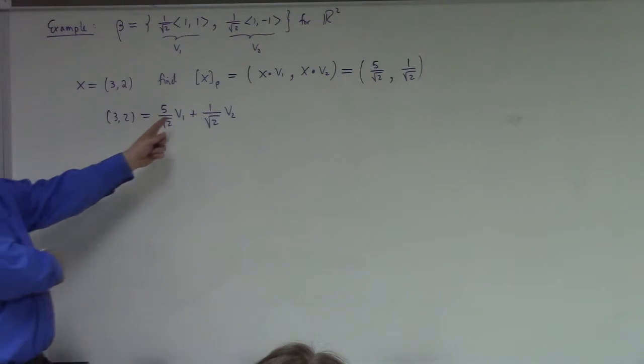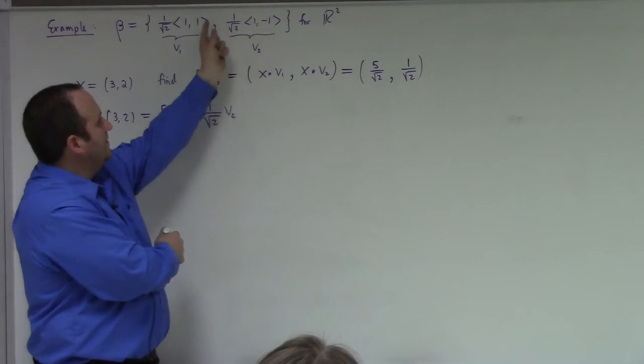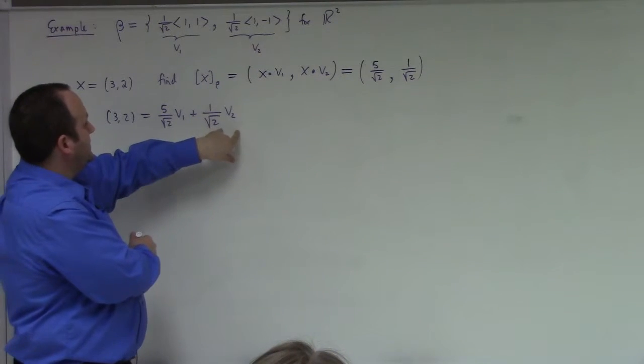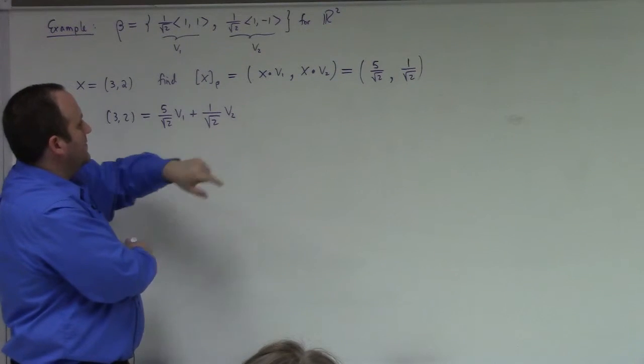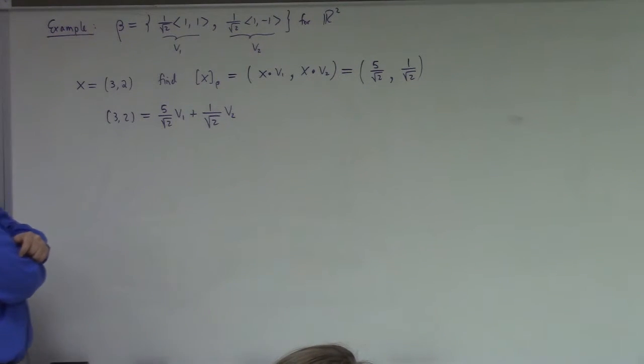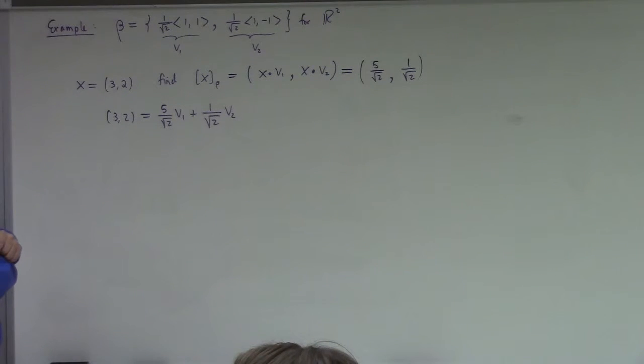And for the second component, I have to add both of them, right? 4 over root 2 squared, which is otherwise known as 2. Yeah, okay. It's right.